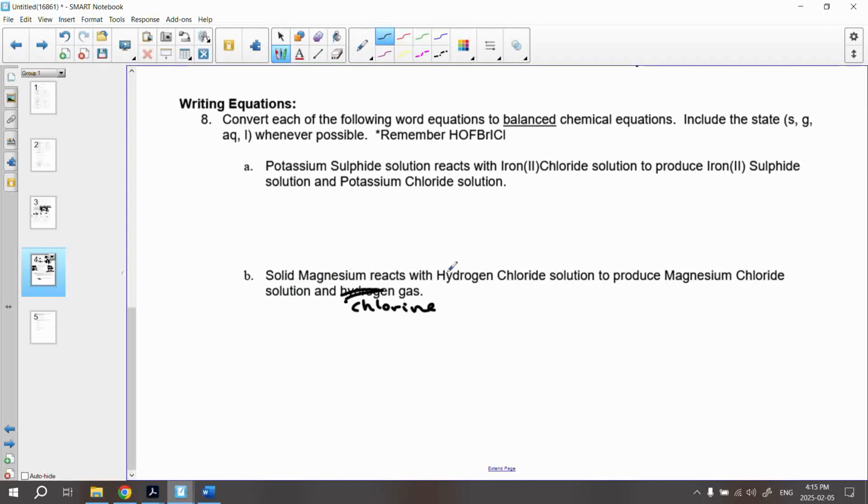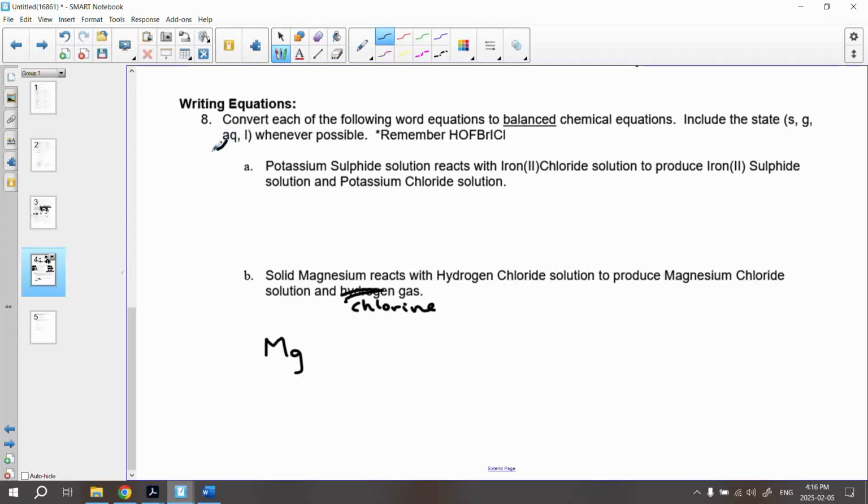Basically, the point here is you're going to turn this sentence into a written chemical reaction. So what you have to do is go one substance at a time. So I'm starting with magnesium. Magnesium is just an element. And I'm going to include states: solid, gas, aqueous, or liquid. So you're familiar with solid, liquid, and gas.